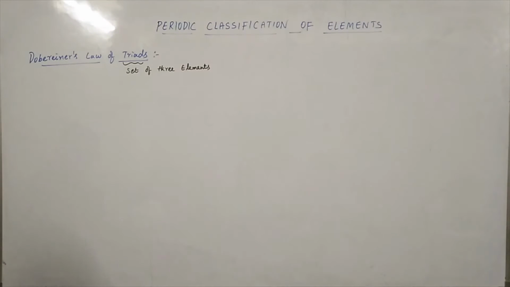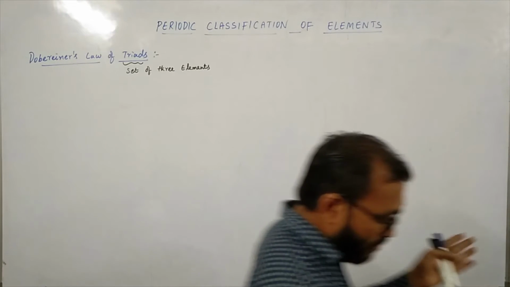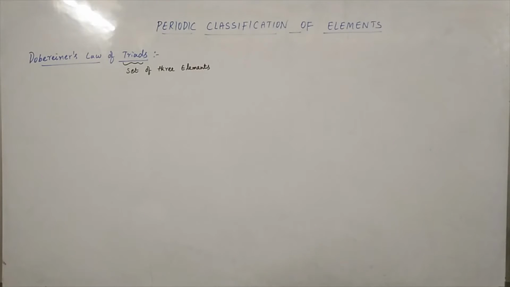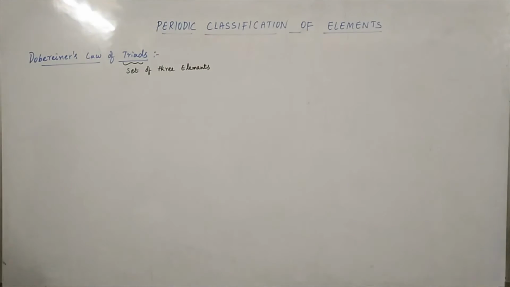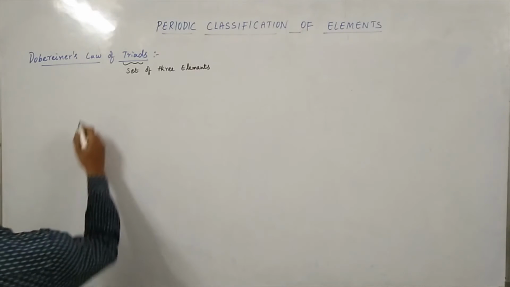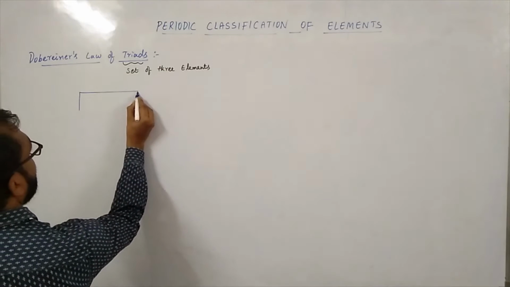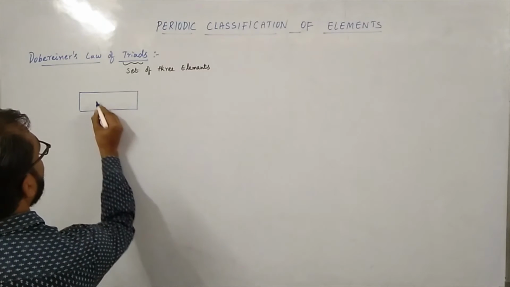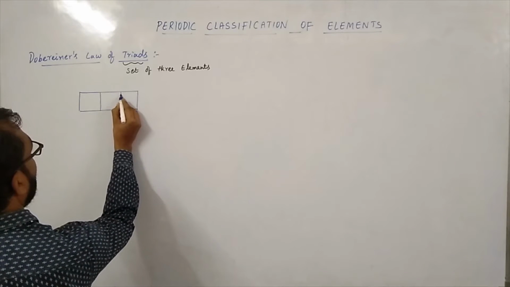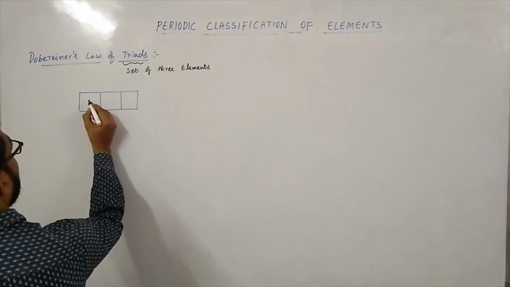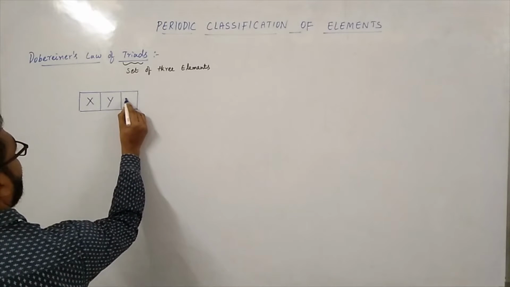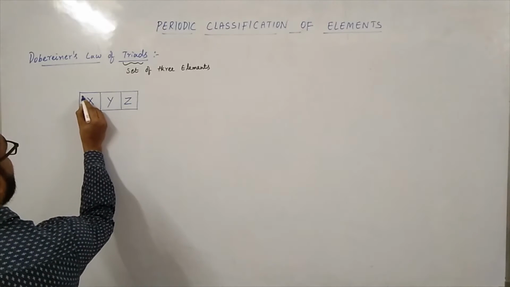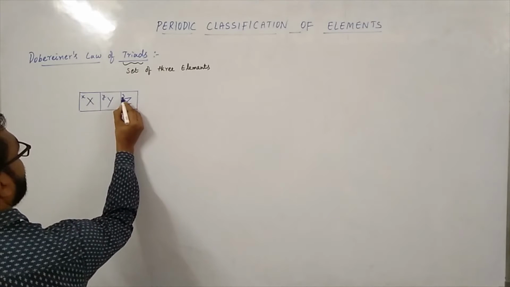According to him, the average of extreme elements, that means first and third element, is approximately the same as atomic mass of the middle element. So if I consider three elements as a set, let me consider them as capital X, capital Y, capital Z, having atomic masses small x, small y, small z.